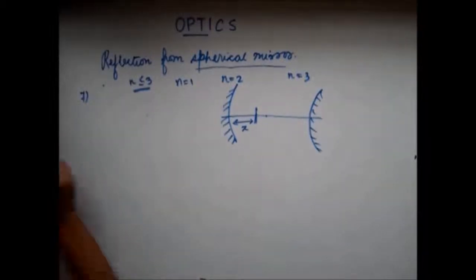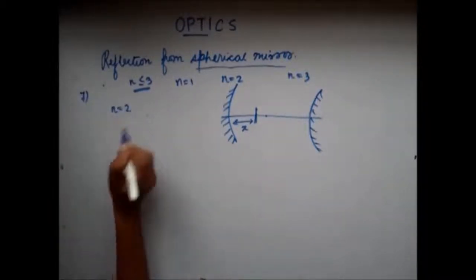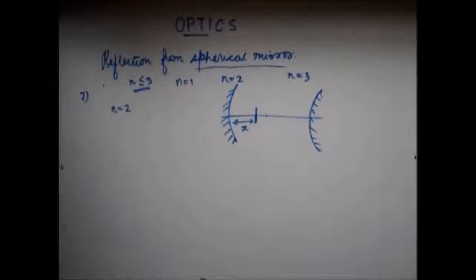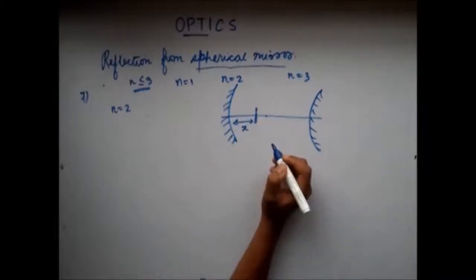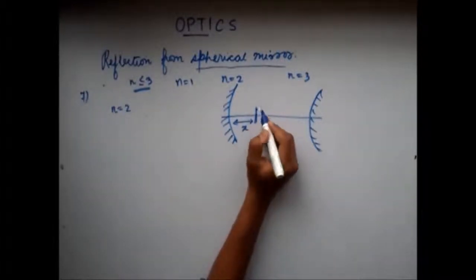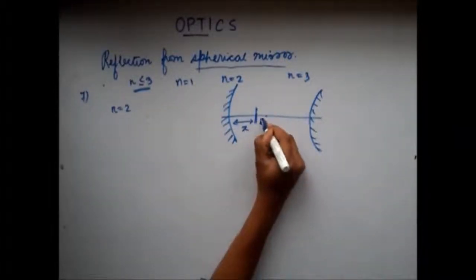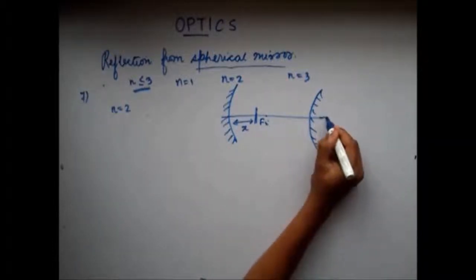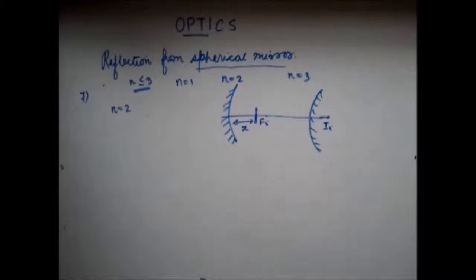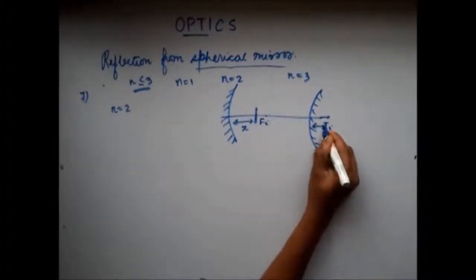Now let's see what happens when n is equal to 2. Now when n is equal to 2, let's say this is my position of the final image, and let's say my intermediate image is formed somewhere here. Okay. Let's assume that this distance is y.